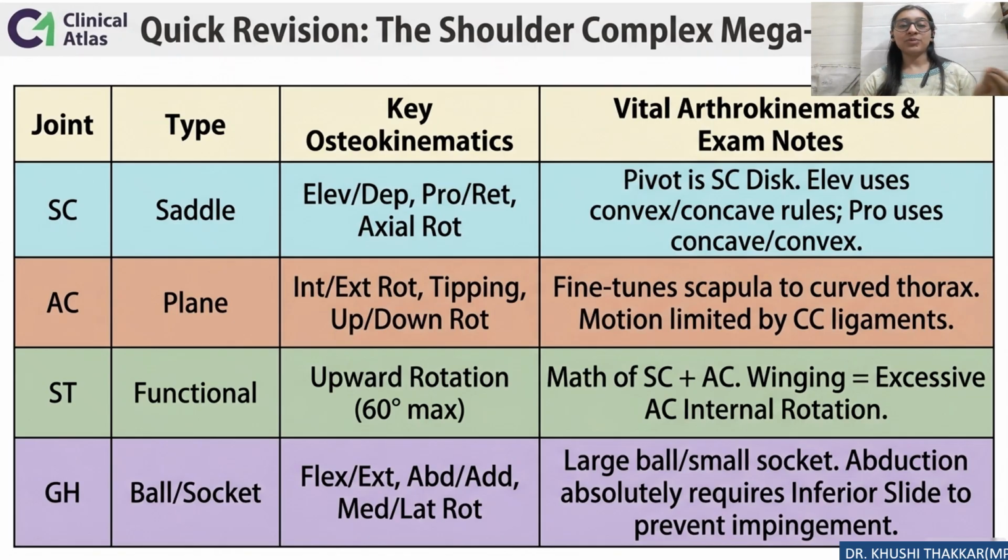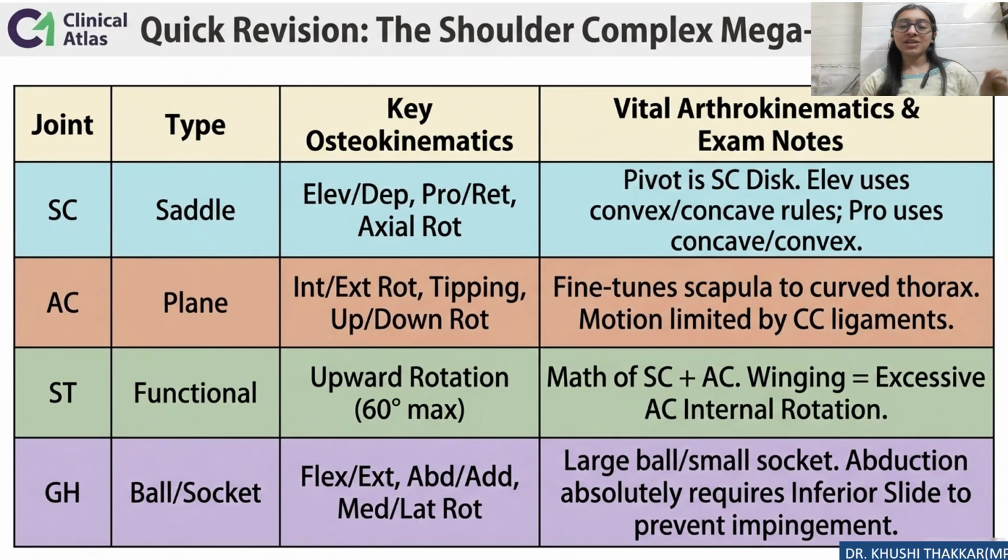Now coming to the acromioclavicular joint, a plane synovial joint involving movements of internal external rotation, tipping up and down rotation. It tunes the scapula to the curved thorax, and the motion is limited by the coracoclavicular ligament. Very, very, very important.